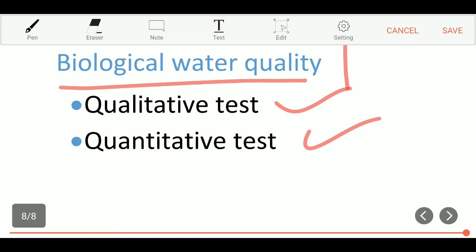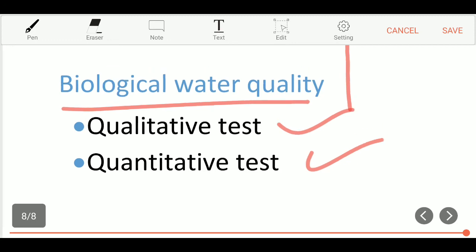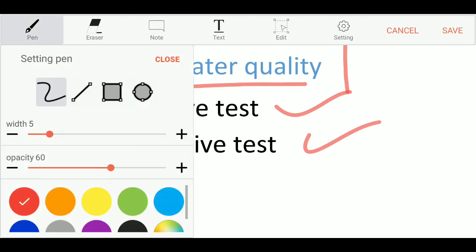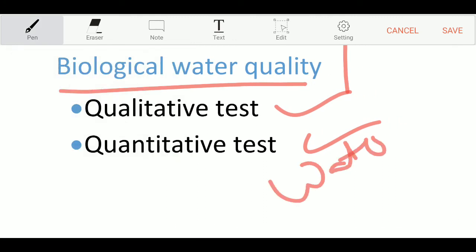These were the diseases caused by water: cholera, typhoid, paratyphoid, polio, jaundice. These were the water diseases.